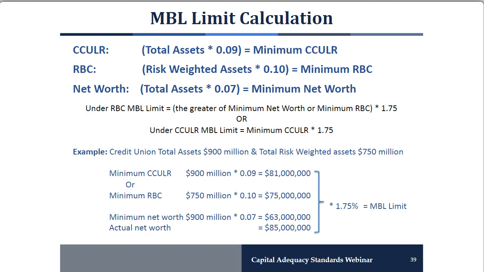We do want to reiterate in either scenario, if a complex credit union has actual net worth below these measures, the credit union's actual net worth will be used to determine the MBL limitation under the current MBL regulations. We also want to reiterate that the MBL rule has not changed, only the capital framework. I'll now turn it back over to Tom, who will discuss how subordinated debt, when approved, can be used for capital adequacy.